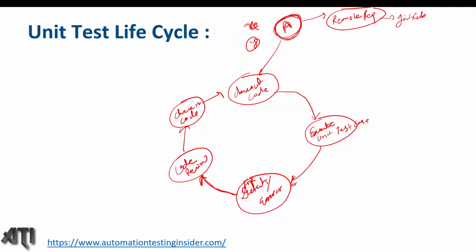This is the unit test life cycle: check out the code, execute the unit test, fix the defects or errors if we get any, then code review by peers or other members of the team, and then check in the code. This is how the unit test life cycle works.